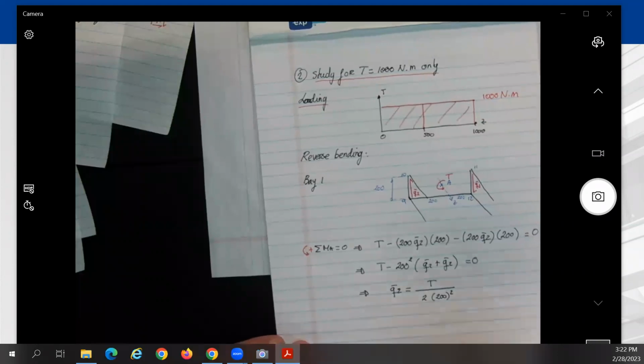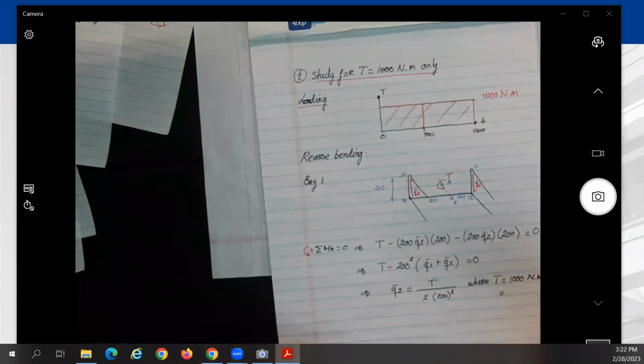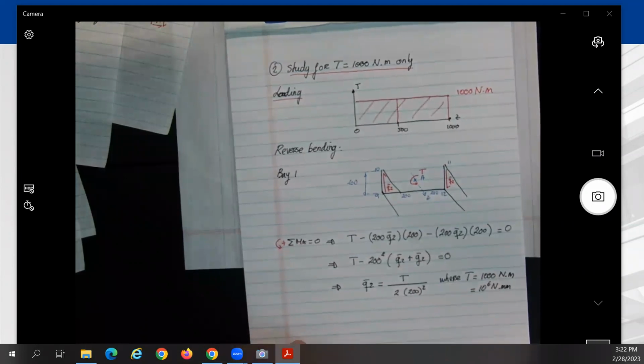And good you asked that before, because otherwise maybe I was going to make a mistake. What is T? T is 1000 Newton meters, which will be what? 10 to the 6 newton millimeters, no?